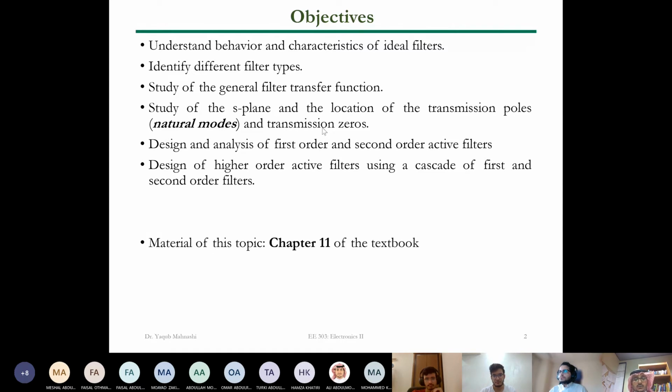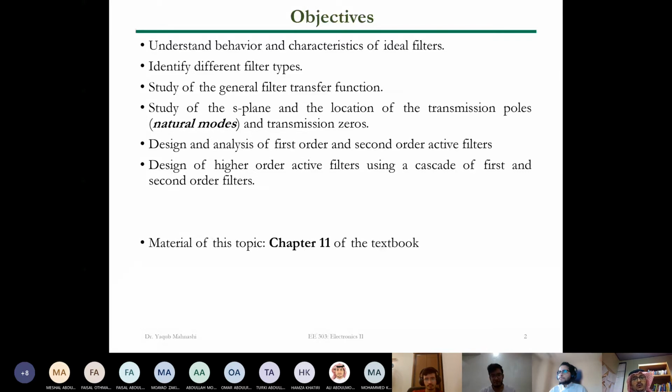And then we'll study the design and analysis of the first and the second order filters in general. And also the cascading, how we can get higher order filters, because at the end of the day you may need, for example, for your application a 3rd or 5th order active filter, so we can cascade to get that high order. We will focus only on the first and the second.